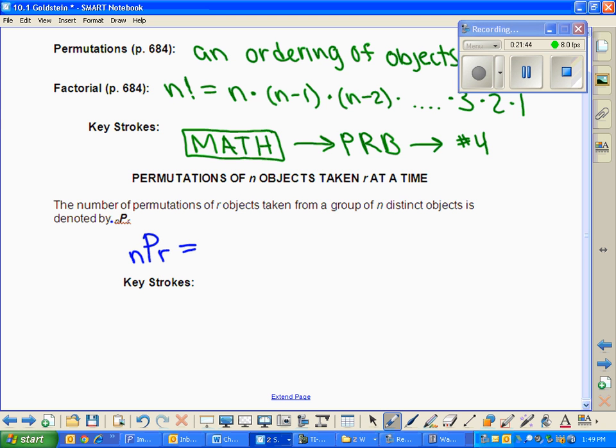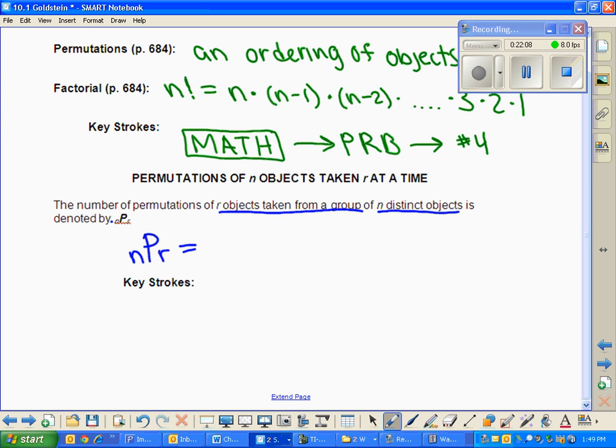N is a distinct number of objects, and r is a certain number of those objects taken from that group.